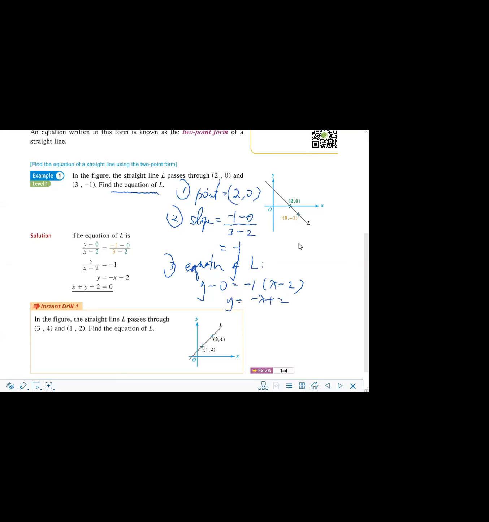So x is negative on the right-hand side, which means that I need to move all the terms to the left-hand side, because I want the x term to be positive in my answer. So x plus y minus 2 is equal to 0. So that is like this, okay?